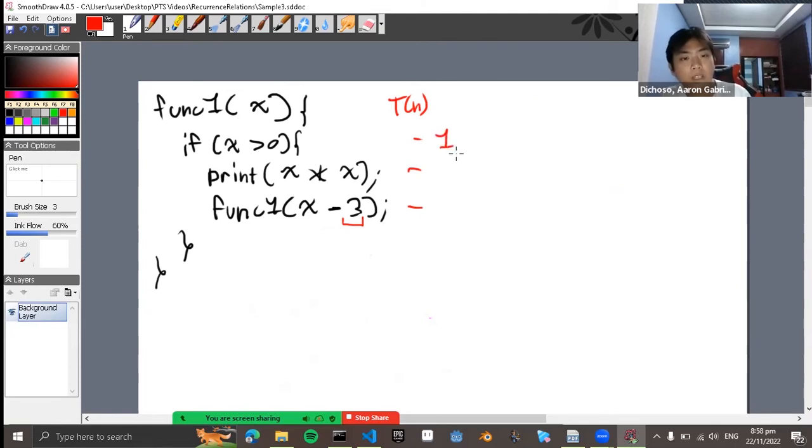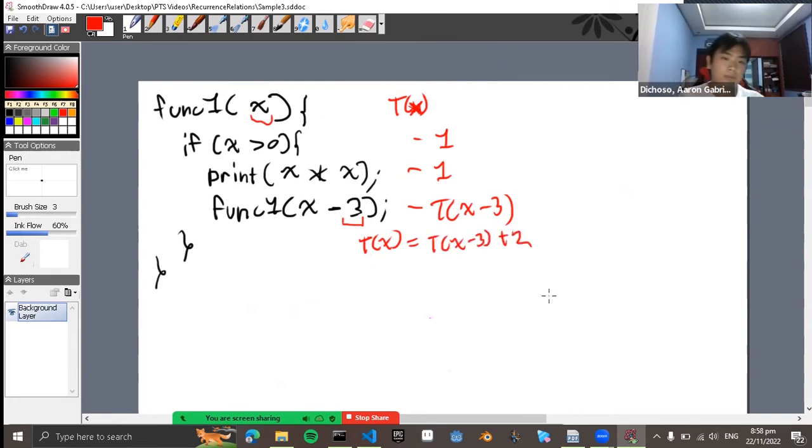So this would give 1, this would give 1, and this would give t of n. Hindi pala n kasi yung x yun. X to dapat. T of x minus 3. That means t of x is equals to t of x minus 3 plus 2. That is in the case that x is greater than 0.